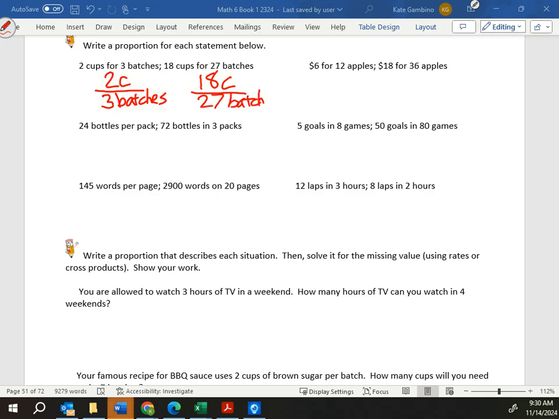How do I know that these are proportionate? How do I know, Sophie? Sophie is absolutely right. To go from 2 to 18, I multiplied by 9. To go from 3 to 27, I multiplied by the same number.